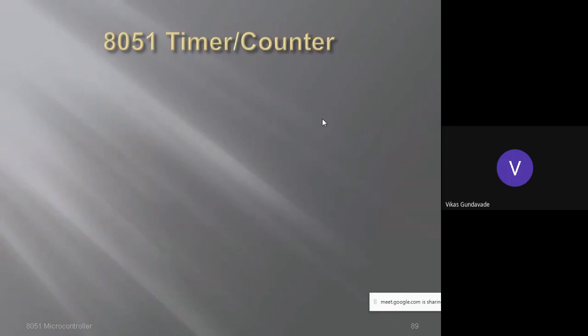Let's say I am interfacing a sensor to the port, and I want to count how many times the sensor gives data or a trigger to that port pin within a specific period of time, let's say within 5 seconds. That count will be loaded into the peripheral registers. Everyone got it?